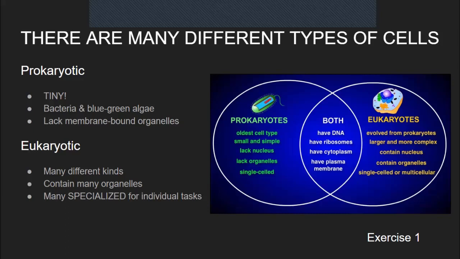And eukaryotic cells work that way compared to prokaryotic cells. Prokaryotic cells are super, super tiny to increase their efficiency, but eukaryotic cells specialize and break down jobs to become more efficient. And that's what all these organelles do inside there.